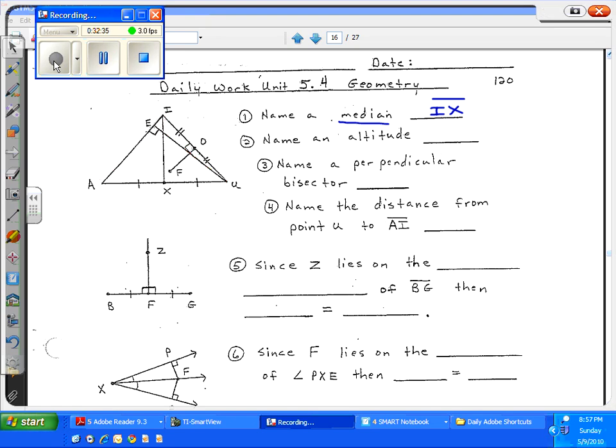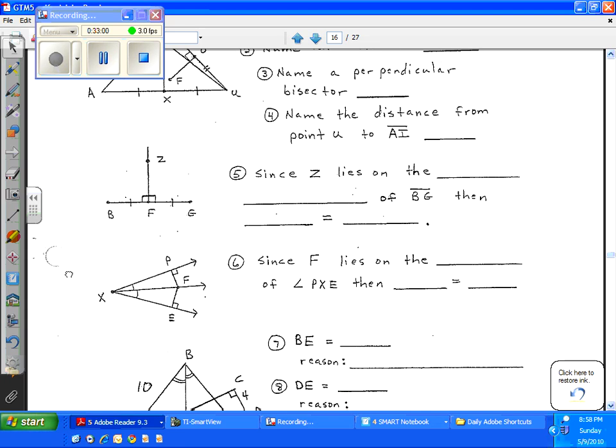EU or UE is an altitude drawn from U to side AI. An altitude, UE. So we're having to use our definitions to be able to name these, okay? And you can continue that.